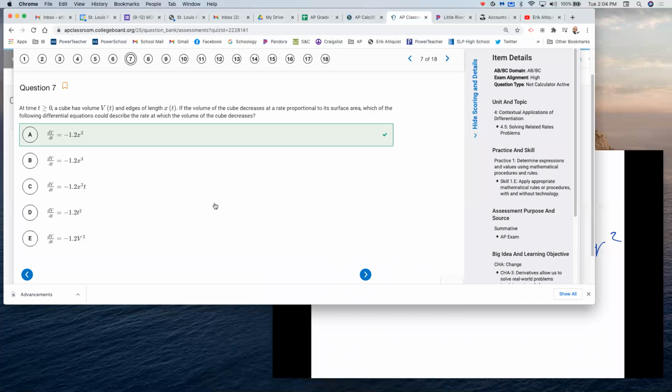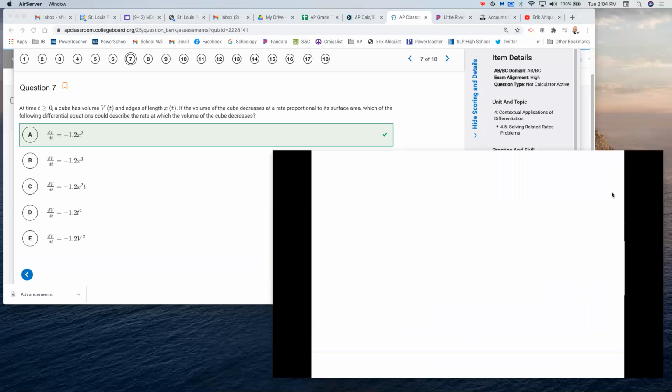So we've got to unpack what that means, decreases at a rate proportional to the surface area. So it says V of t. You've got this cube. Let me draw that out first.